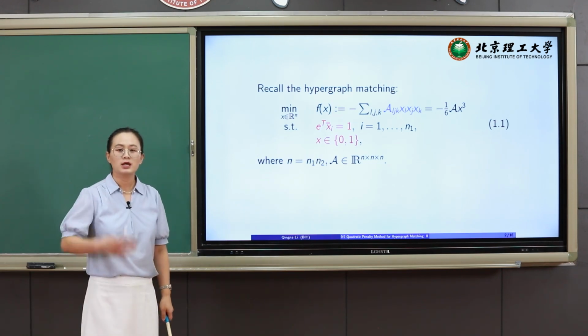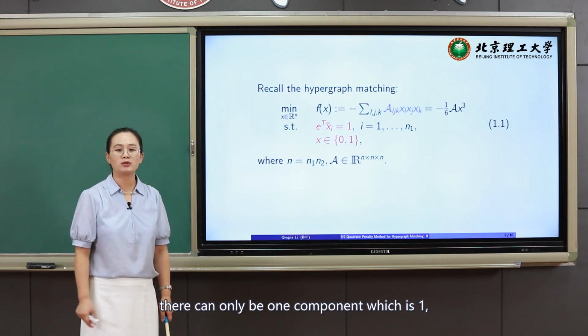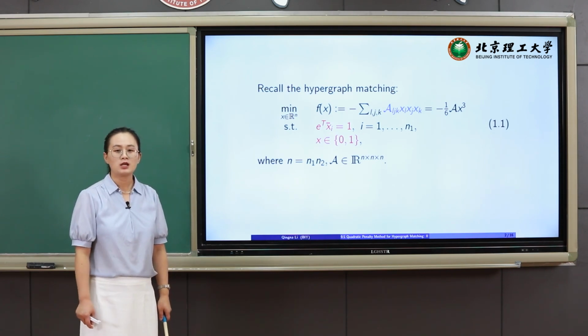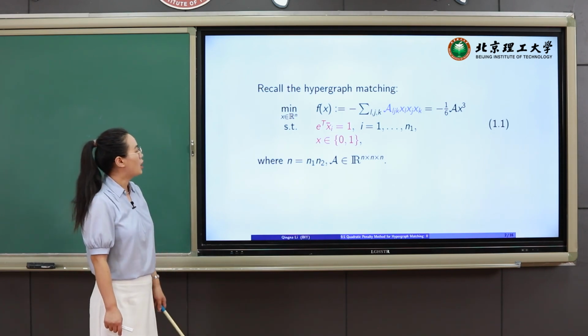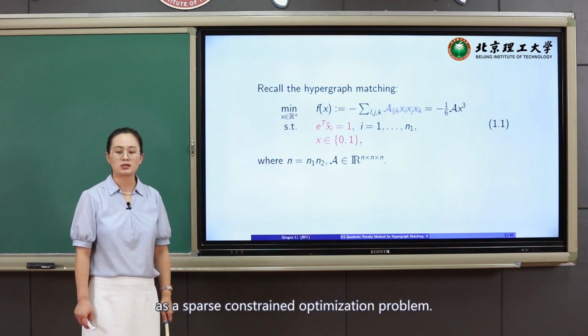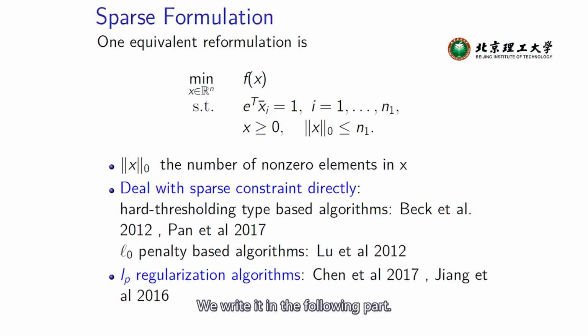In other words, in each block, there can only be one component which is 1. The other components should be 0. So from this point of view, we can reformulate this problem as a sparse constraint optimization problem. We write it in the following way.